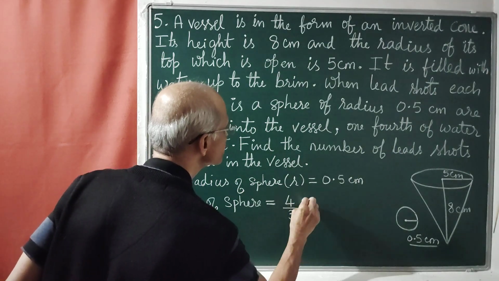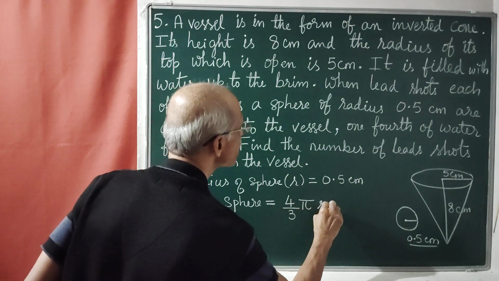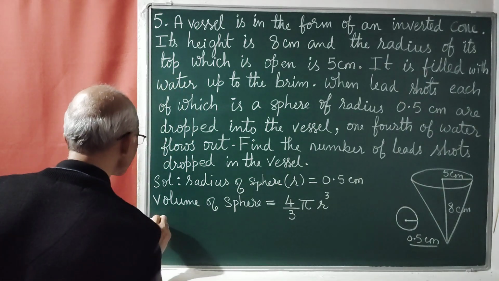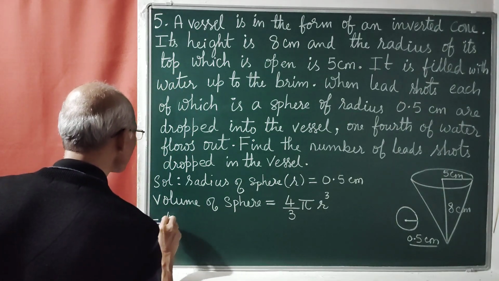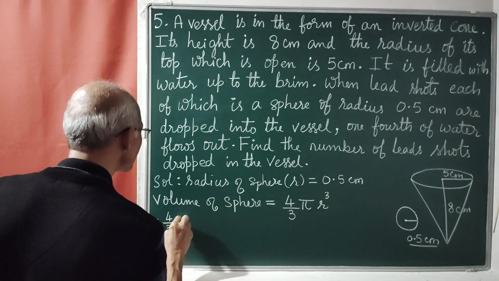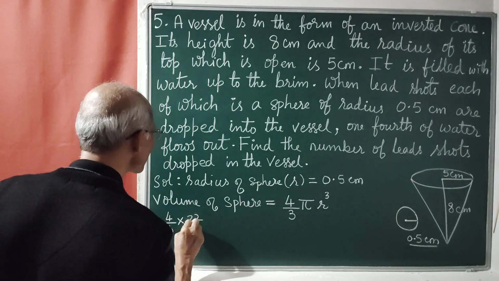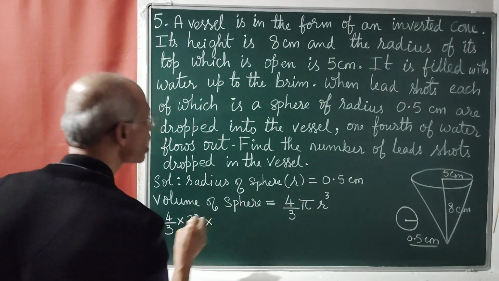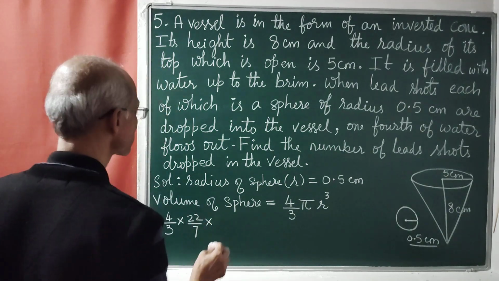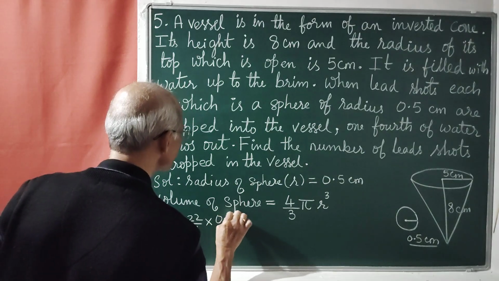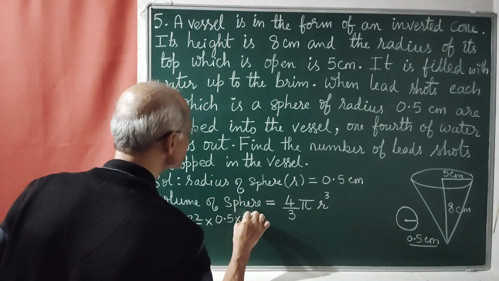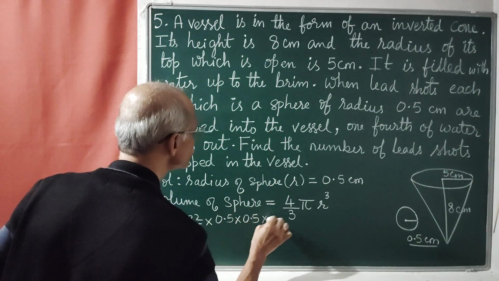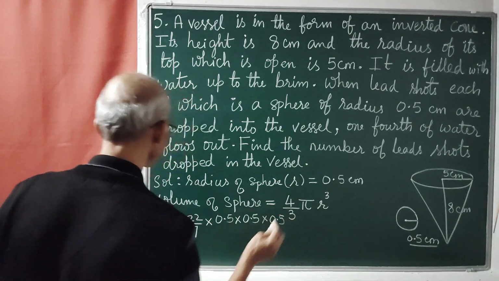4 by 3 pi r cube. That's equal to 4 by 3 into 22 by 7 into r cube means r into r into r, 0.5 into 0.5 into 0.5.